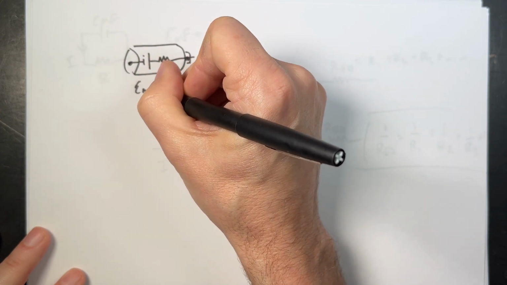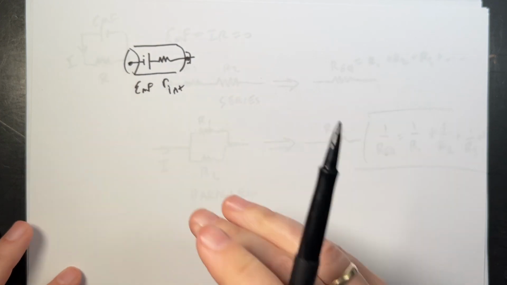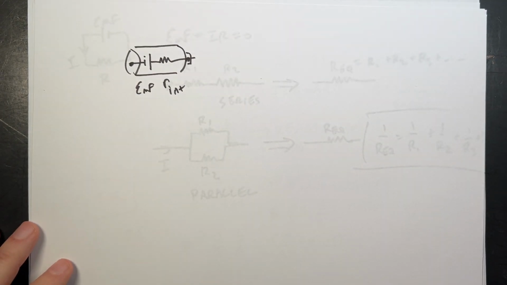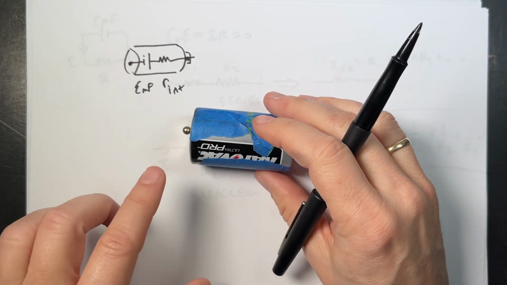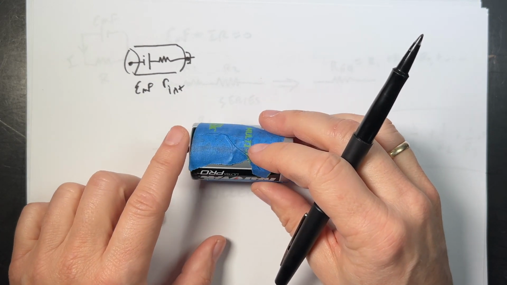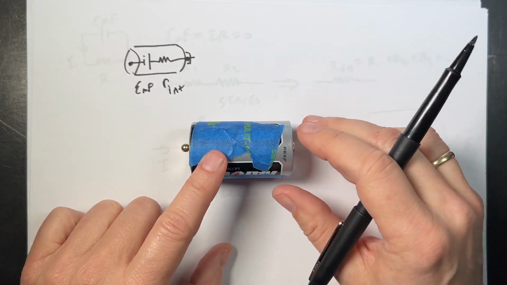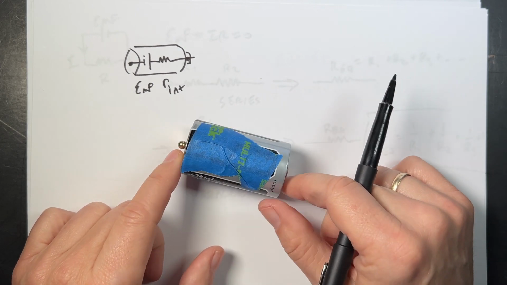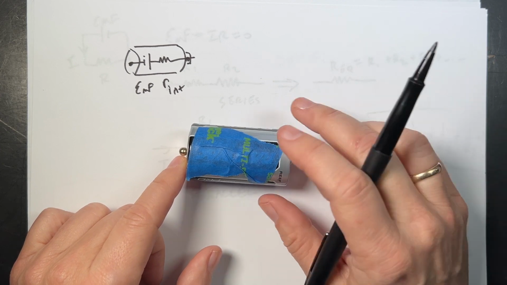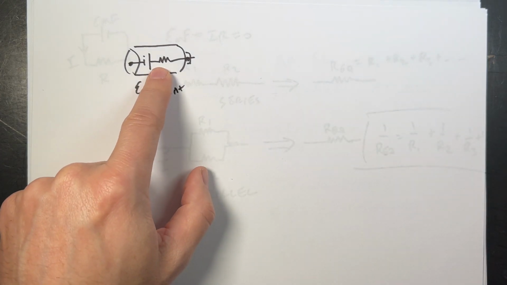And this is EMF. So imagine a battery like this. It's 1.5 volts. If I hook up a 0.1 ohm resistor to it, we could get 15 amps out of there, right, using Ohm's law. But there's no way this is going to give me 15 amps. It just doesn't happen. And that's because it has internal resistance.